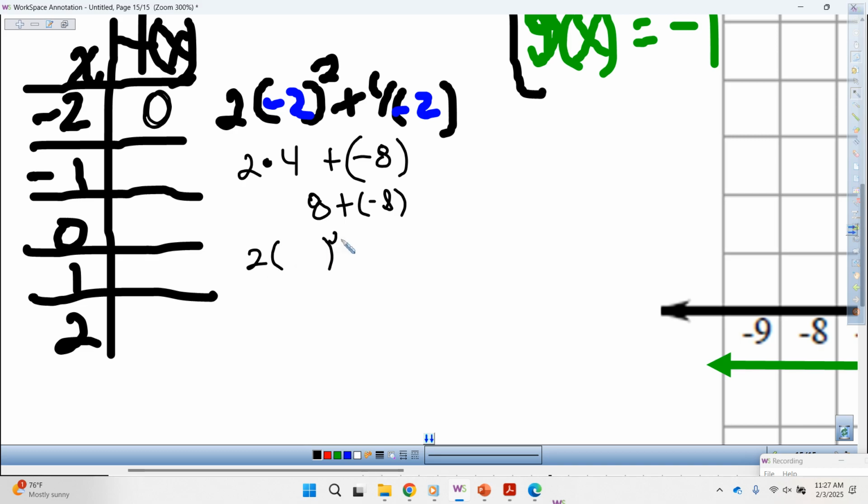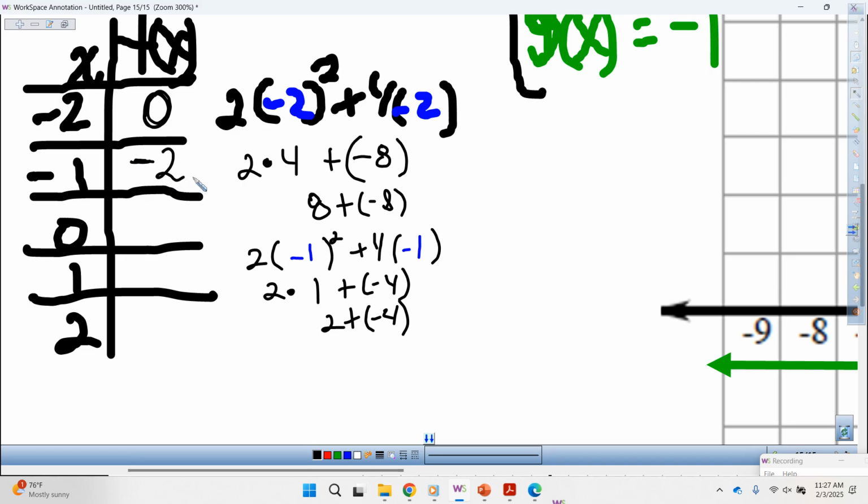Let's do it again. 2 parentheses squared plus 4 parentheses. My next value is negative 1. So 2 times, what is negative 1 squared? 1. Plus 4 times negative 1 is negative 4. So 2 times 1 is 2, plus negative 4, and that gives us negative 2. Next, we substitute 0.